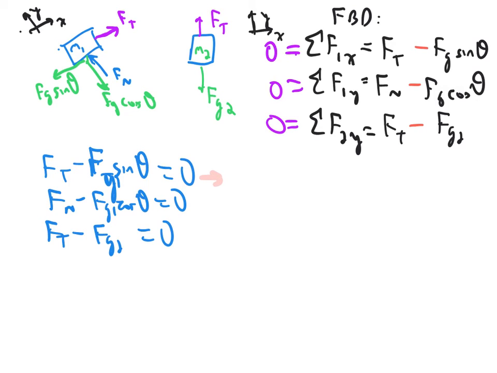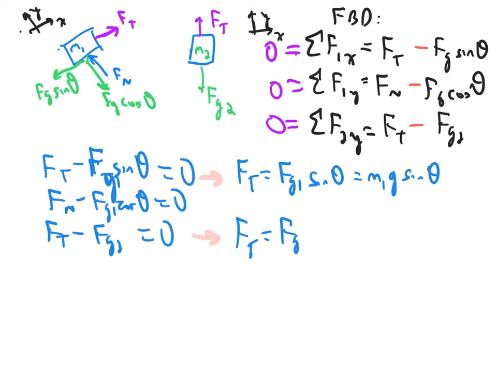So top one becomes Ft equals Fg1 sine theta, which is m1 g sine theta. And the third one becomes Ft is Fg2, which is m2 g, and of course Ft is equal to itself.